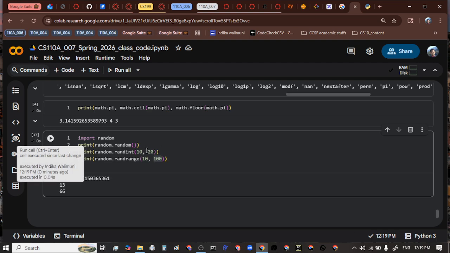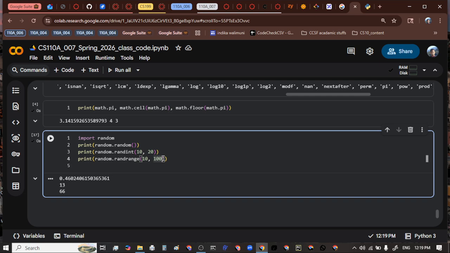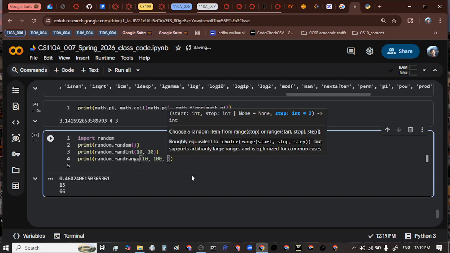But in the same randrange, if you use a step value like 5, you'll get a random number that is still random, but in steps of 5. So you will not get odd numbers like 66.